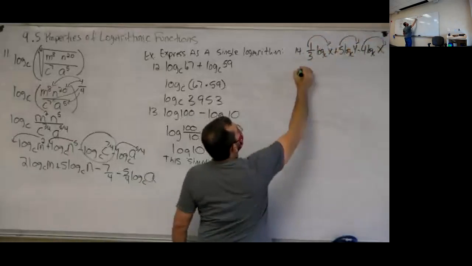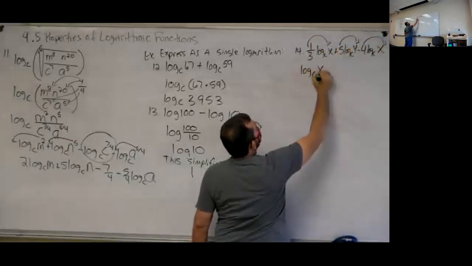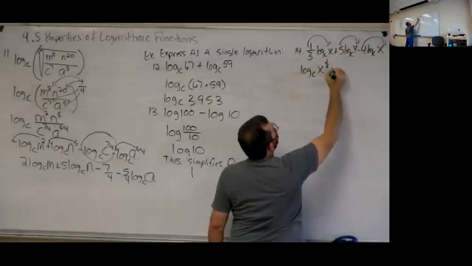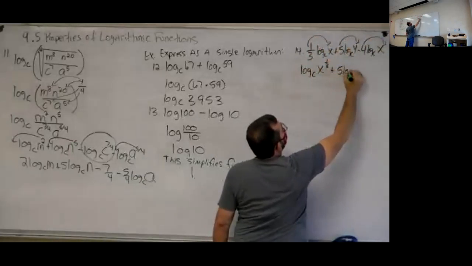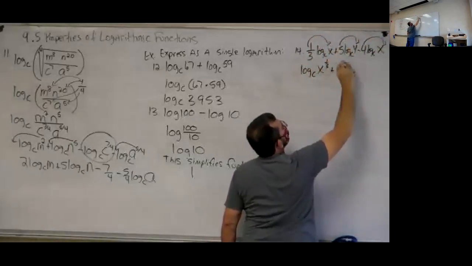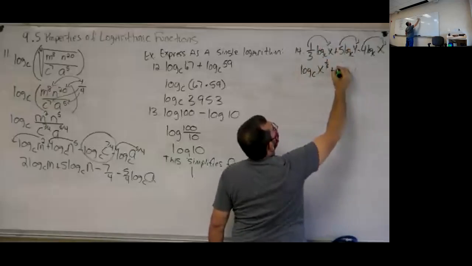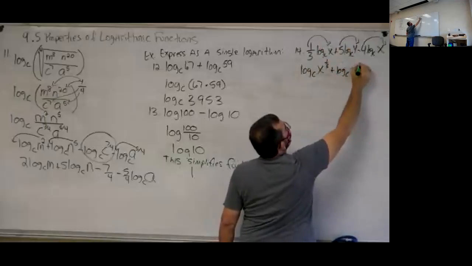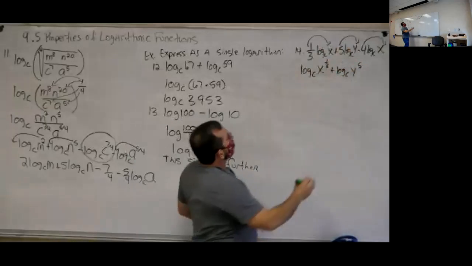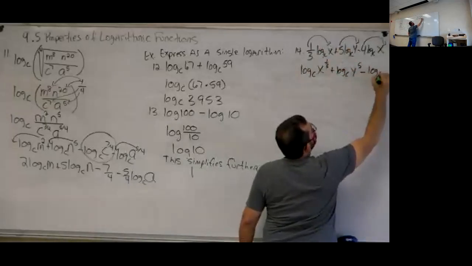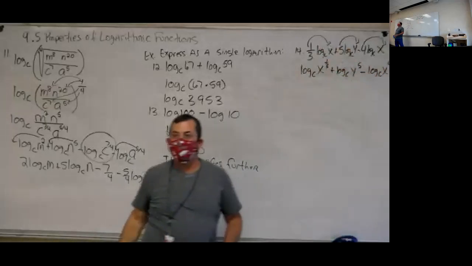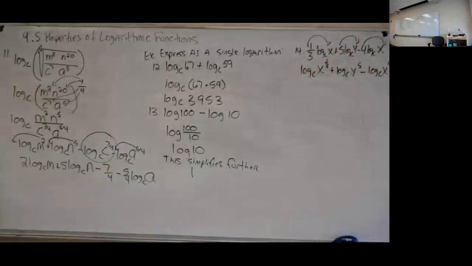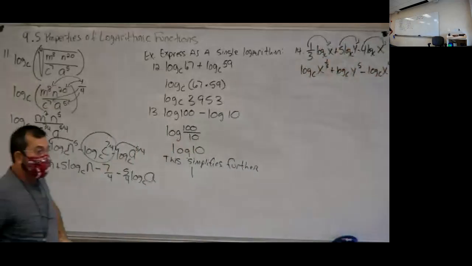So I'm going to get log C of x to the 1/3 plus log C of y to the 5th minus log C of x to the 4th. Now remember, if they're positive, they're going to stay on top. If they're negative, they're going to the bottom, okay?